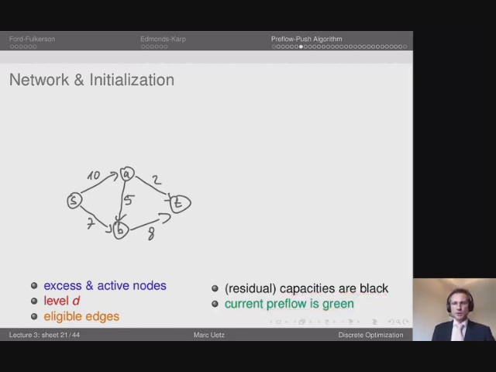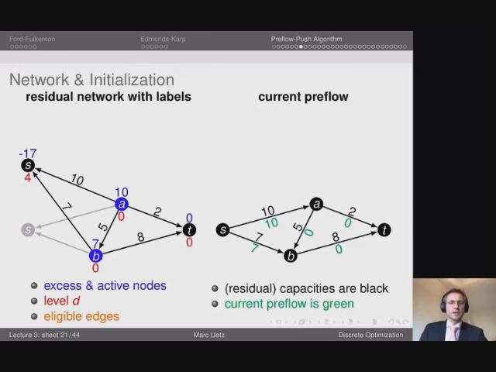Okay. So what happens after the initialization phase? First of all, we are pushing the maximum amount out of S. So that would be 17 units of flow. And then this one will have an excess of 10, and this one will have an excess of 7. Okay. So this is how the network looks like after this initialization phase. Notice that, for example, the excess of the source vertex is minus 17 because S is actually getting rid of 17 units of flow, right?